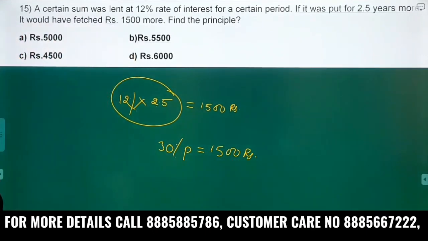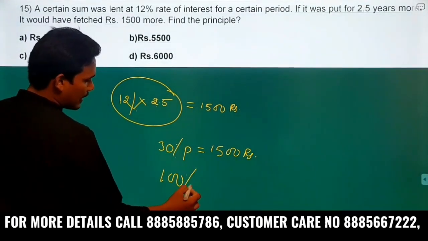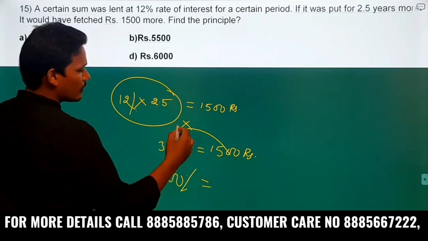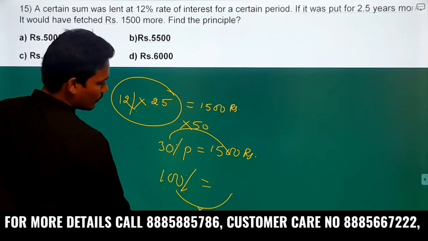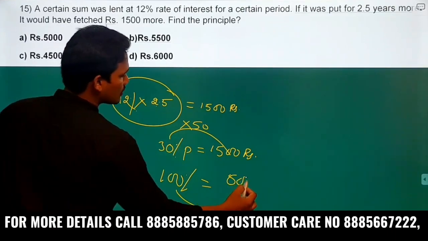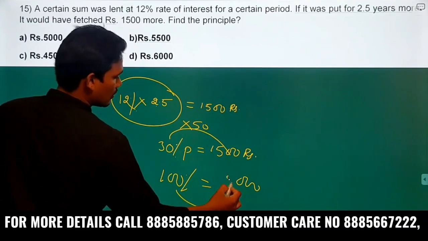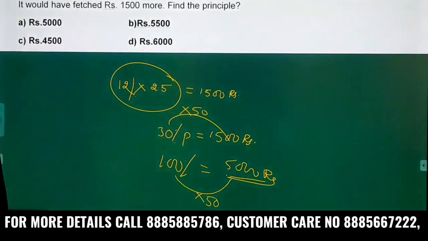Now what's the question they're asking? They're asking the principal value. So principal value will become 100%. Cancel the 0 in 30, so 3 fives are 15, in the same way 100 into 50, so this value will become 5000 rupees.